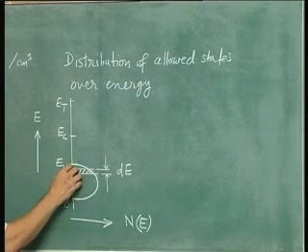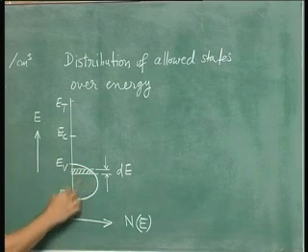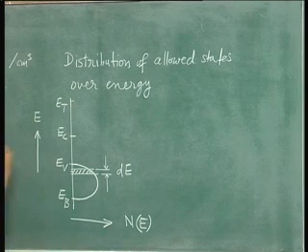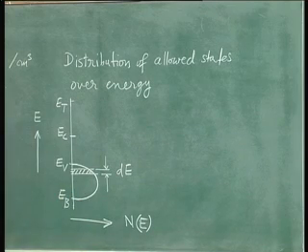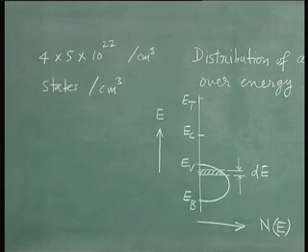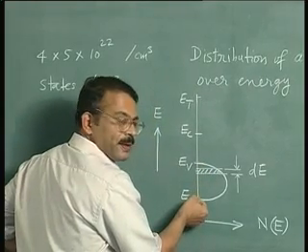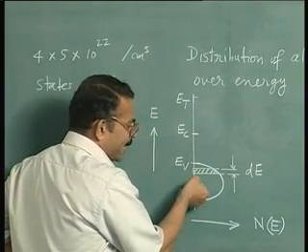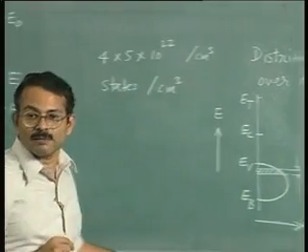If I integrate this function over the whole band, the total area under this function will be equal to 4 into 5 into 10 power 22. So you have a small number of states near the edges of the band. As you move towards the middle of the band, you have a larger number of states within an energy interval.